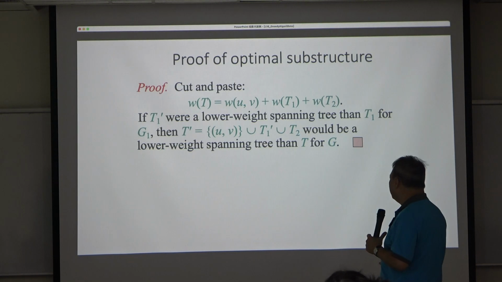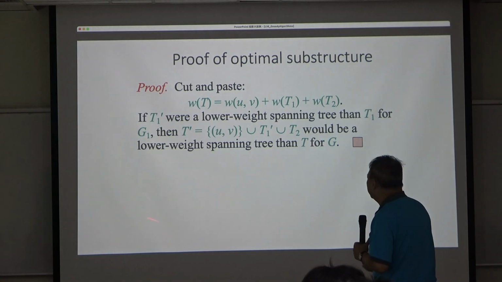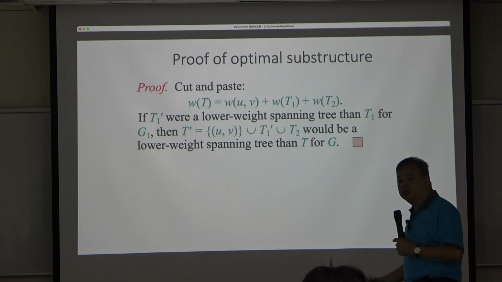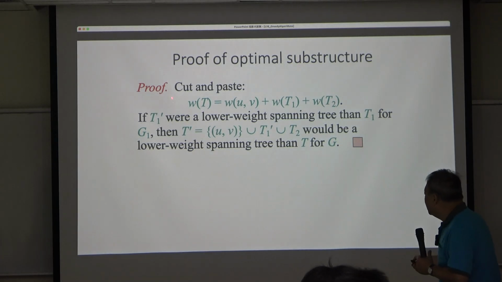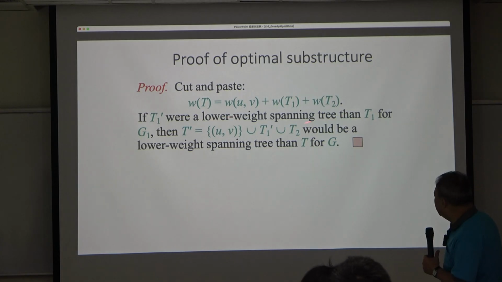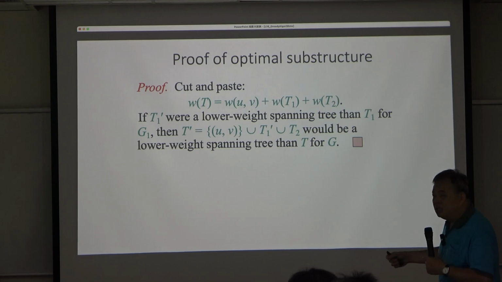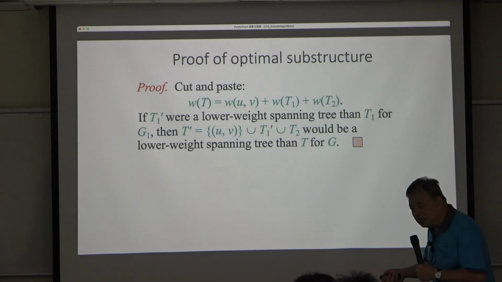So that's impossible. If T1 prime were a lower weight spanning tree than T1, we have proved by contradiction. The assumption we made leads to a contradiction, so in other words this assumption is false.